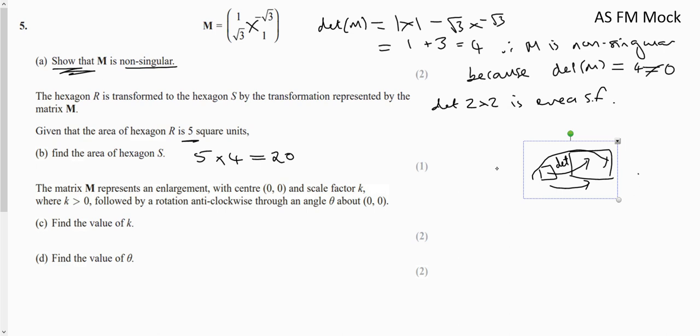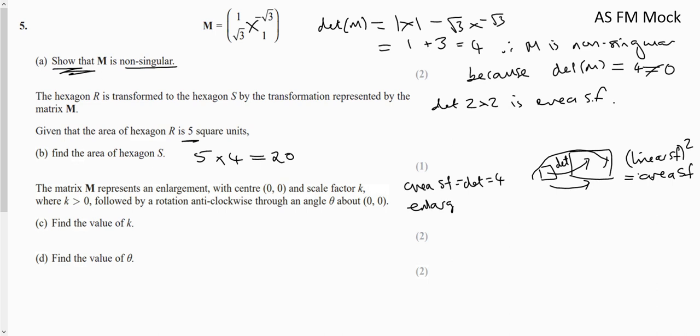So enlargement is the linear scale factor, and determinant is the area scale factor. But remember, the area scale factor is the linear scale factor squared. So we know that the area scale factor, the determinant, is 4. So therefore the enlargement, the linear scale factor, must be the square root of 4, which is 2. So that's one way to find it.